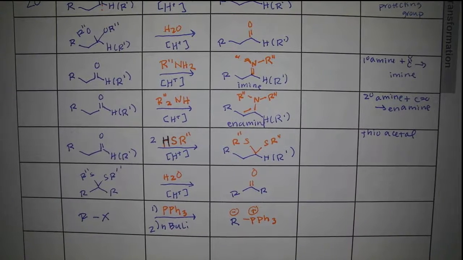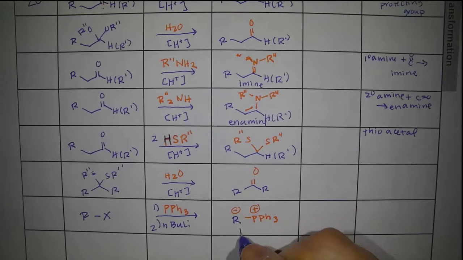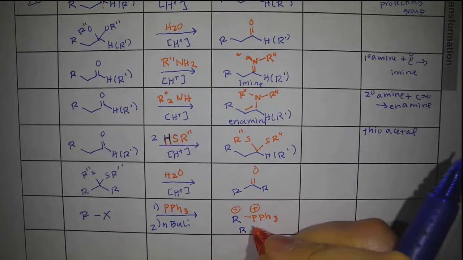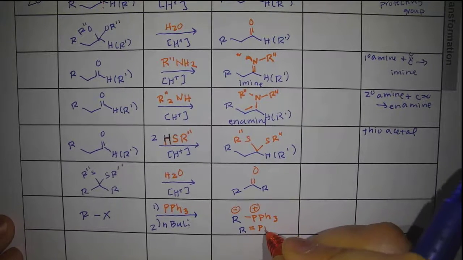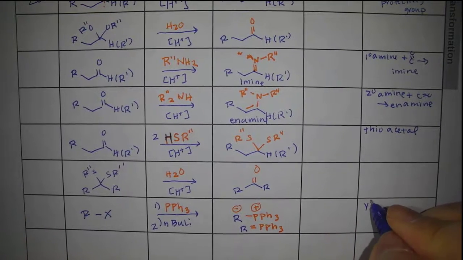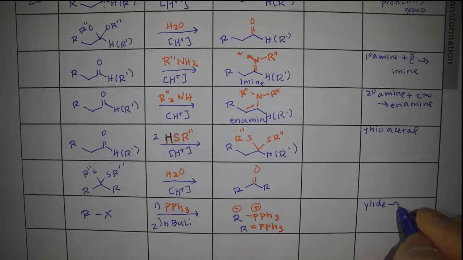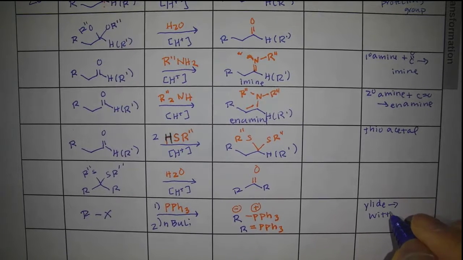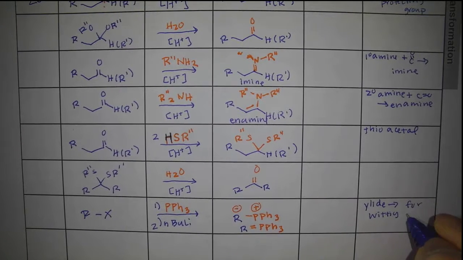And you may also see it drawn as our double bond PPh3. This is called an ylide, which is used in the Wittig reaction. And we'll see that carbon-carbon bond forming reaction in a second here.